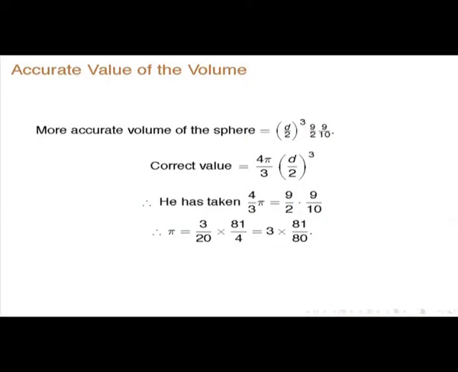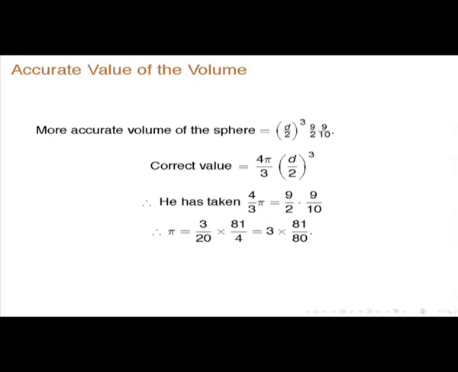So, what he is saying is that, earlier also, he had the more accurate volume of the sphere given to be this. So, it is curious: (d by 2) whole cubed into 9 by 2 into 9 by 10. The correct value is of course 4 pi by 3 into (d by 2) whole cubed, right. This is what we know, 4 pi by 3 r cubed.